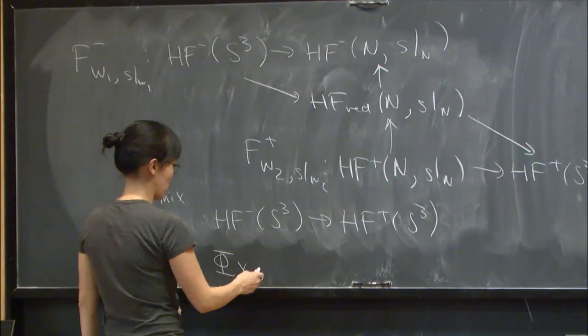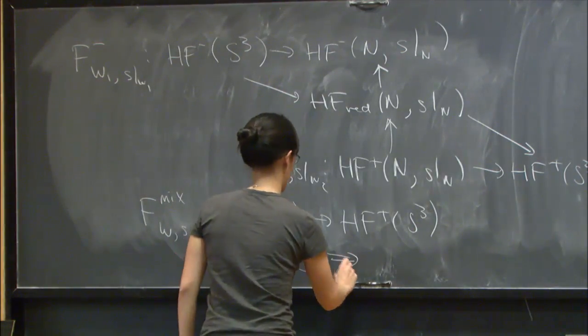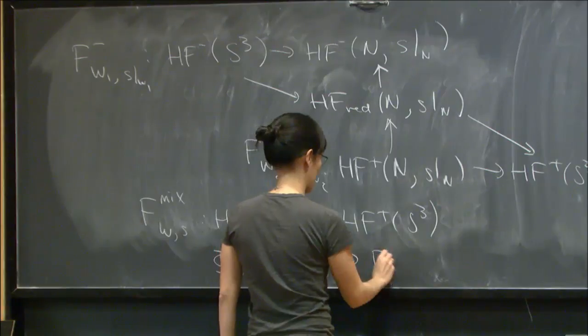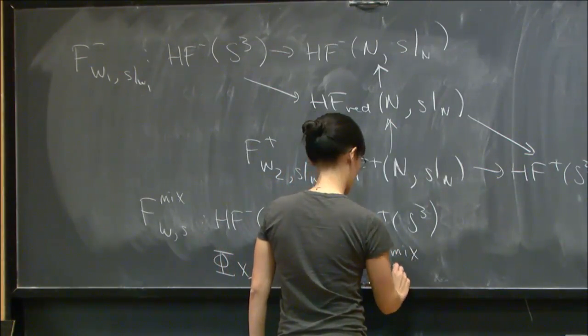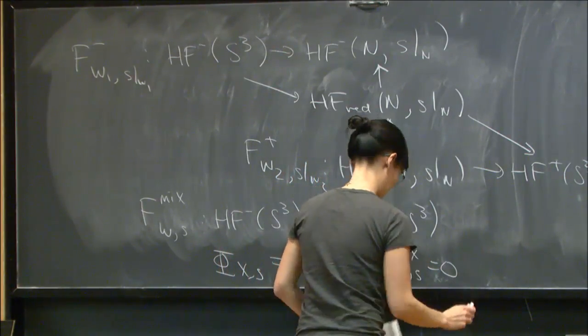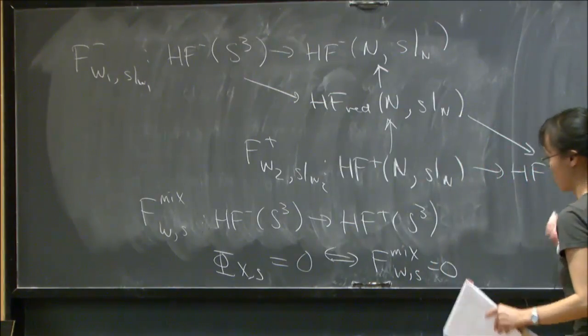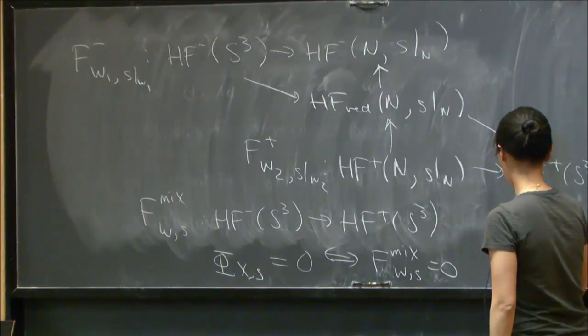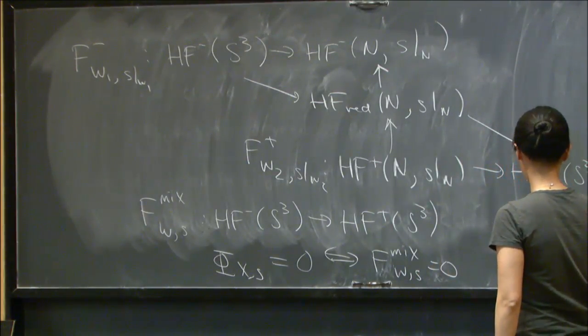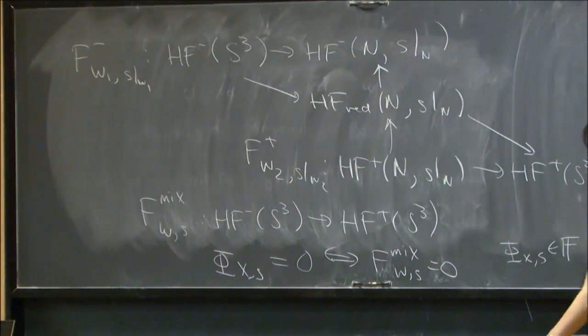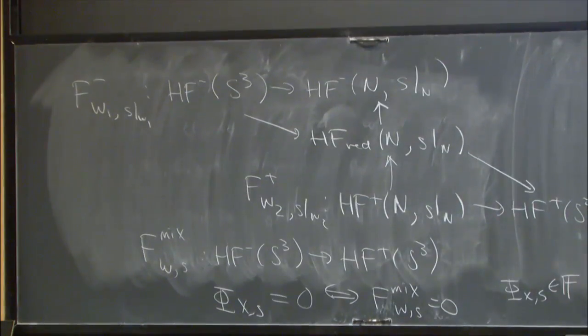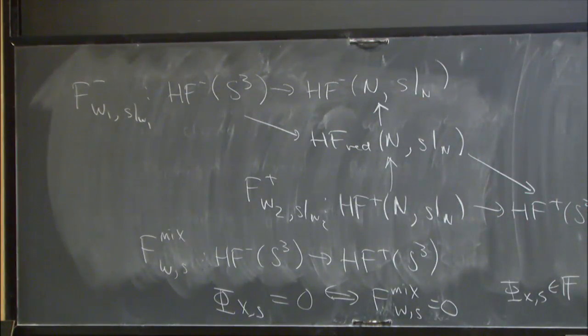The four-manifold invariant is 0 if and only if this mixed map is 0. And for us, the four-manifold invariant will take values in F, so it's either 0 or non-0. Questions? Okay.